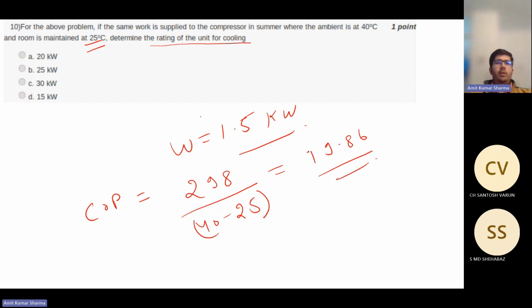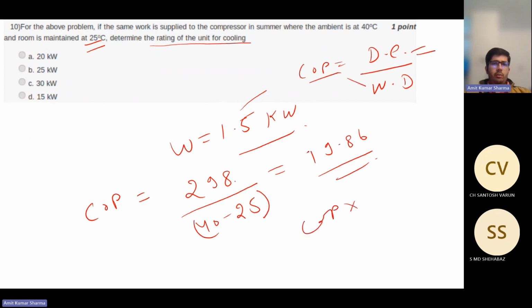19.86. Now you have been given the work done, so you have to determine the rating of cooling. So COP is desired effect upon work done, so the effect will be COP into work done. So 1.5 into 19.86.